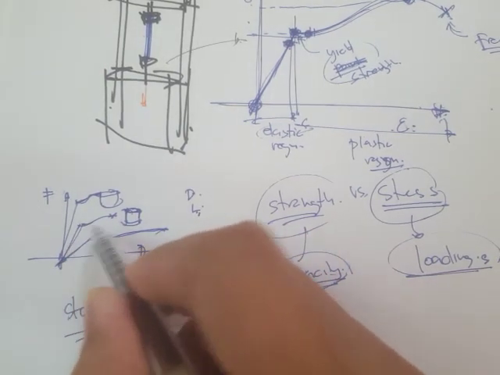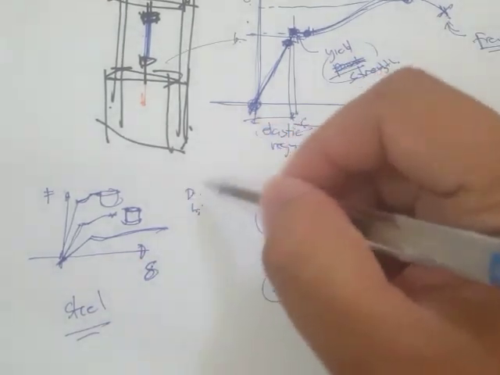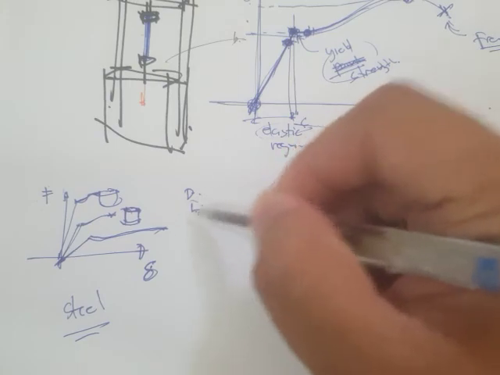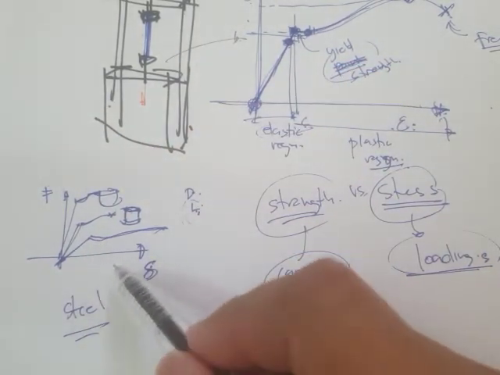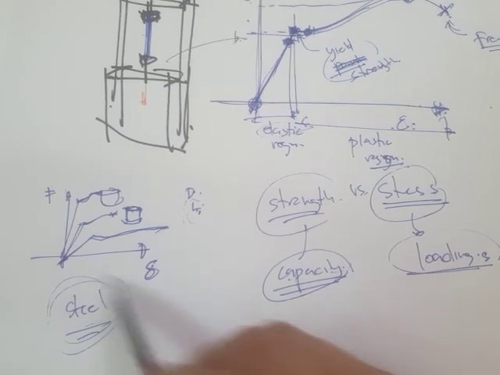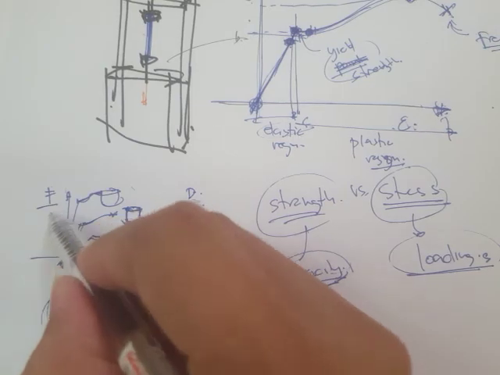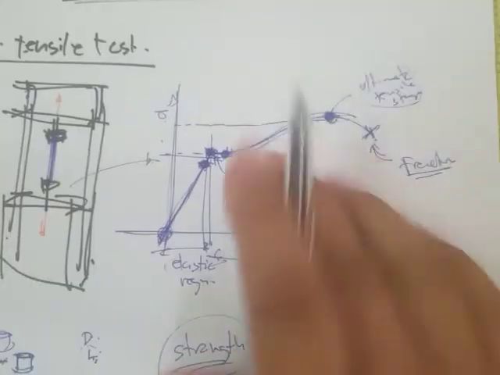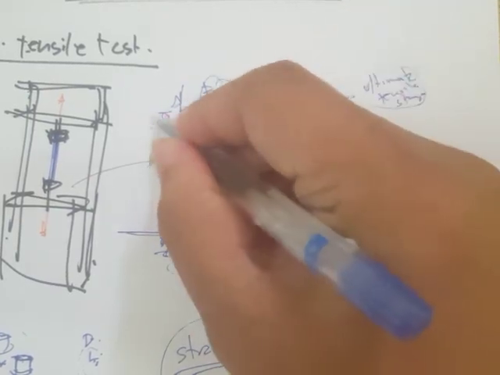So that means that this force and deformation diagram changes with the different geometries of the materials. If you change the diameter or you change the length, then you get a different curve for the same material. So because of that, we divide this force by the area, and that's what we call stress.